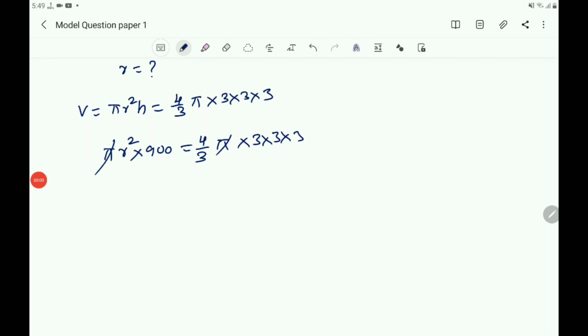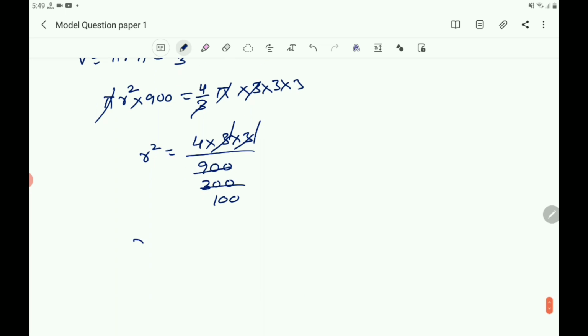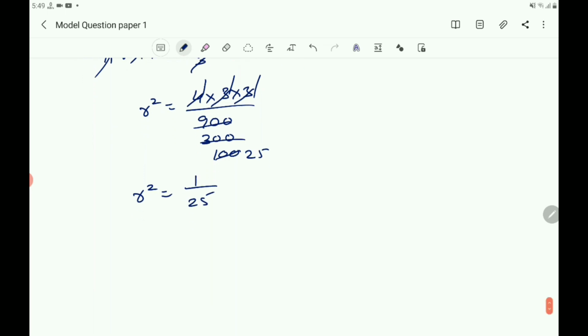Then you can cancel 3 3 here. So r square equals 4 into 3 into 3 by 900. Then 3 ones are 3, 3 hundreds, again 3 ones, 3 hundreds, then r square equals, again you can cancel 4 ones are 4, 25, you will get 1 by 25.